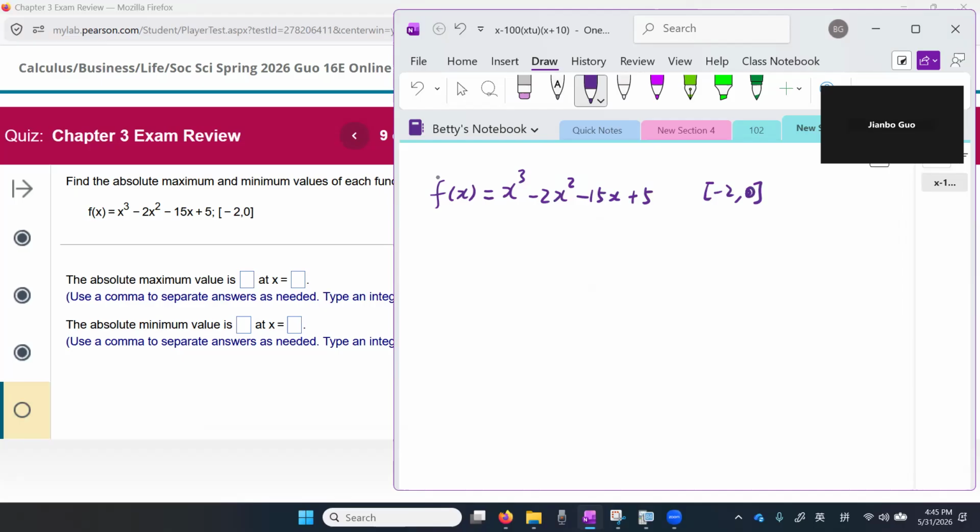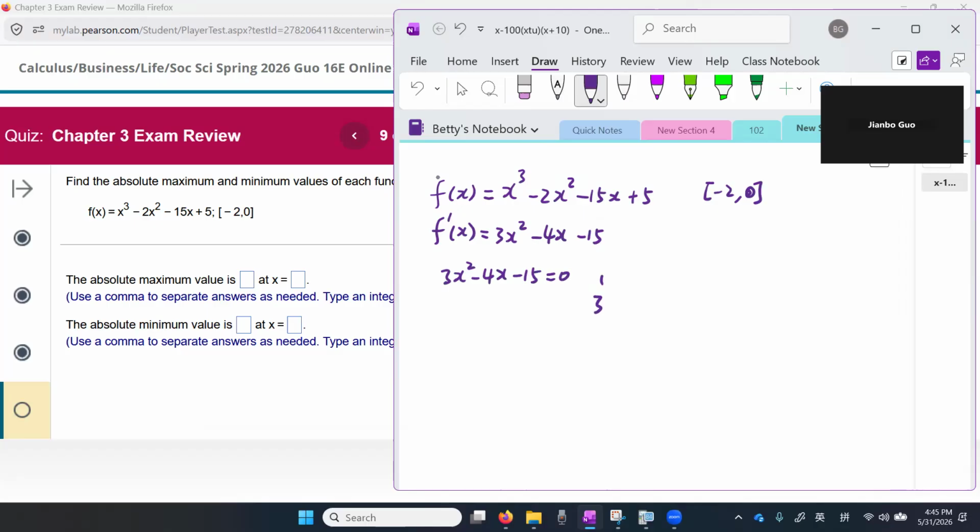Take the first derivative: 3x squared minus 4x minus 15 plus 0. And then make the first derivative 0.